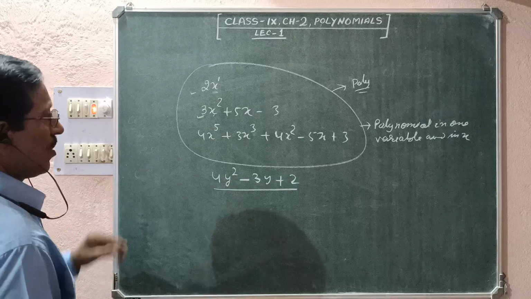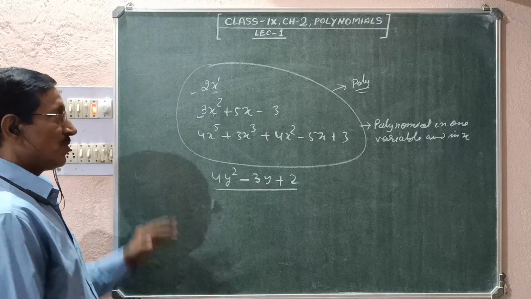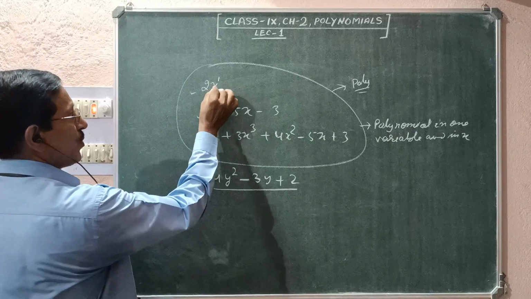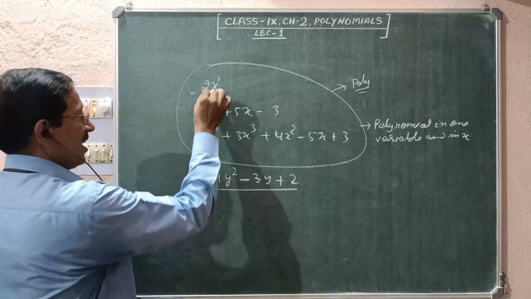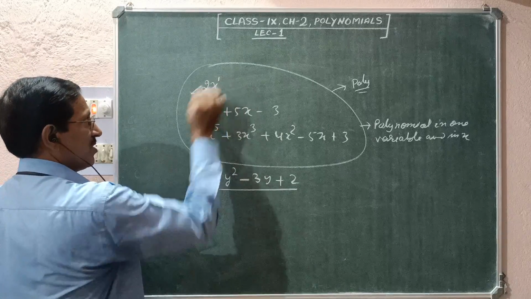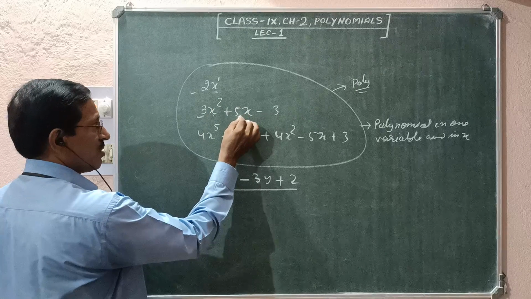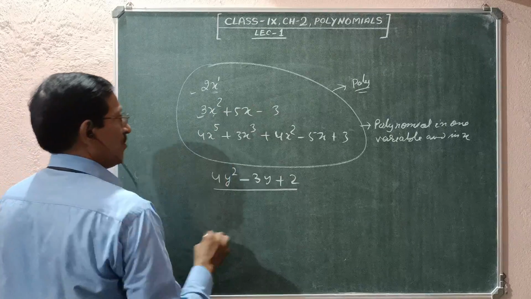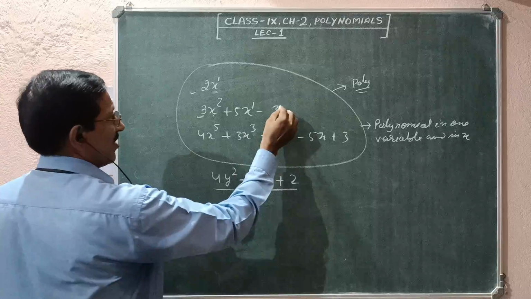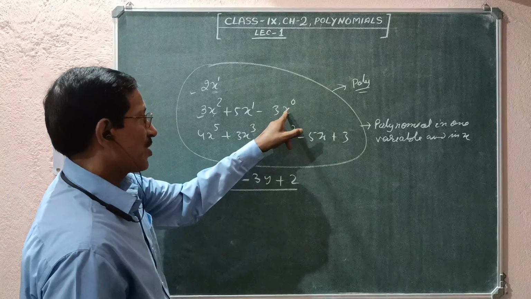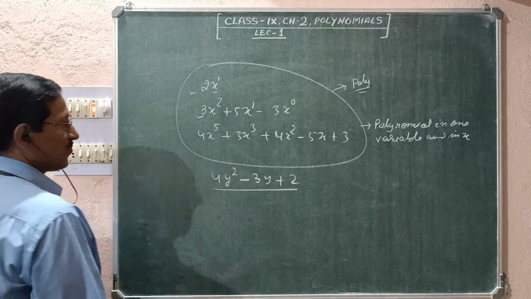So for being a polynomial, first of all, we look at the exponent of the variable. In this, the exponent of the variable is 1. In this, the exponent is 2. In this term, 1. And in this term it may be written like this: exponent of the variable is 0.